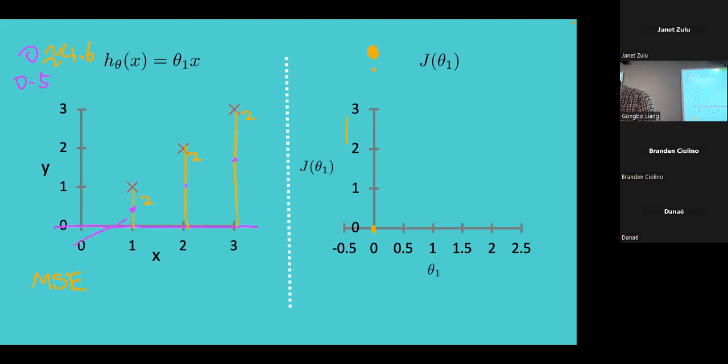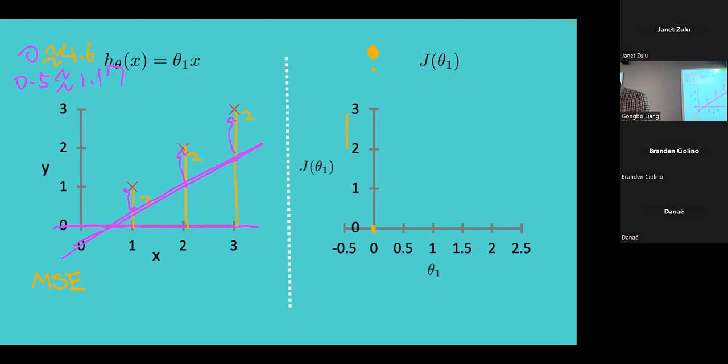Now we have a line like this, and again we measure the distances. Let me quickly calculate: 0.25 plus 1 plus 1.5 times 1.5, which is 3.5, divided by 3. So about 1.17, let's say 1.2.